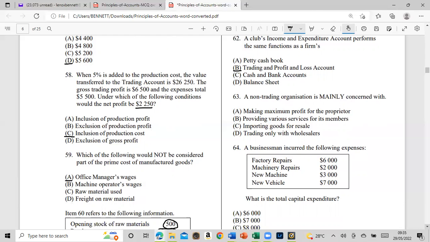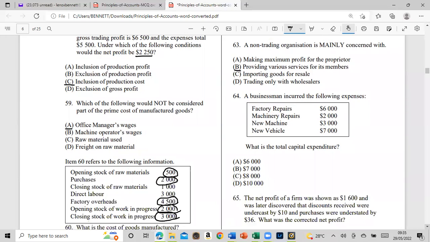All right, so it says a non-trading organization. So that's the key word there. And that will be providing various service for its members. So that will be B. 63 would be it.